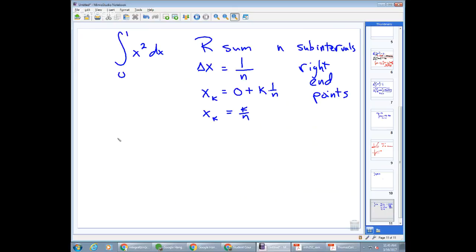Once I have that, I can set up my Riemann sum. That's going to be the sum as k goes from 1 to n of my function x squared evaluated at my x sub k's, so k over n. And it's always a good idea to draw a picture, which I skipped, which is bad of me.